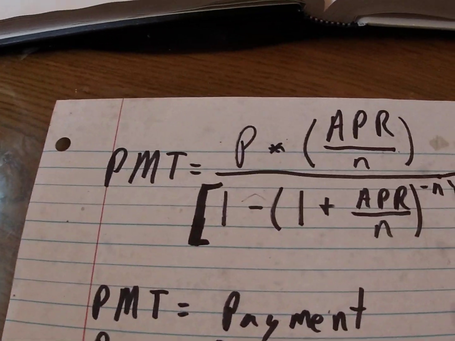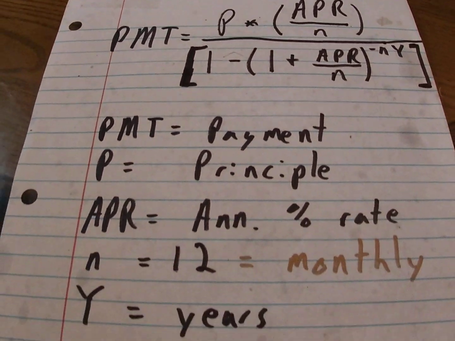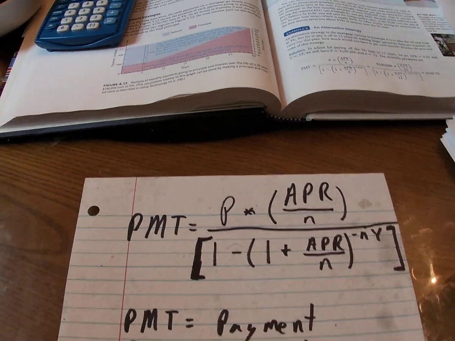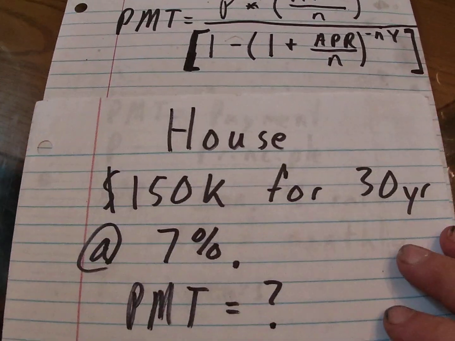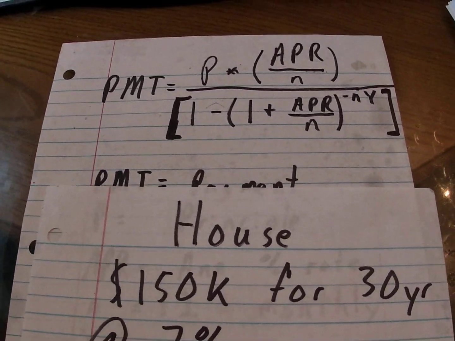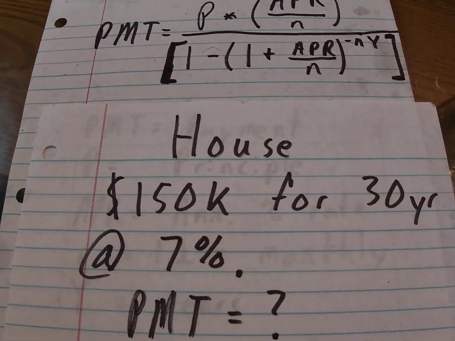So here I've shown my general formula, and I've written down any notes that I might need. Now I can come back and write down what's given. What is the payment?